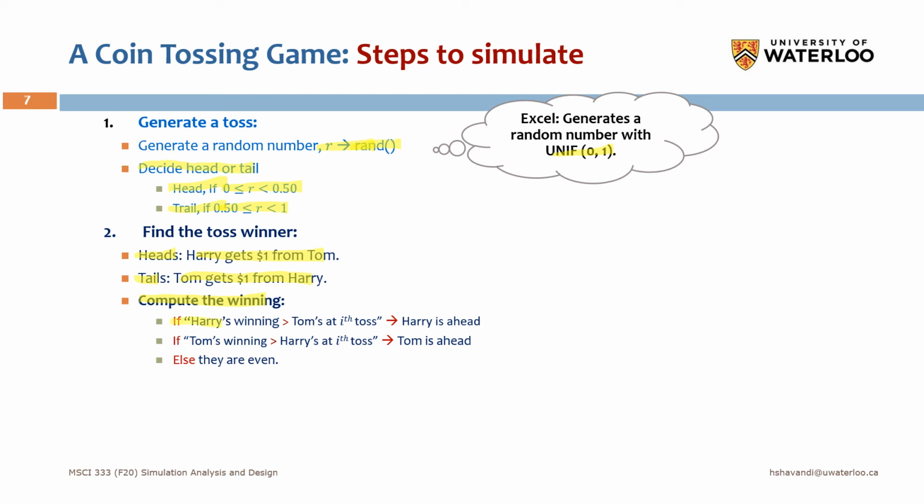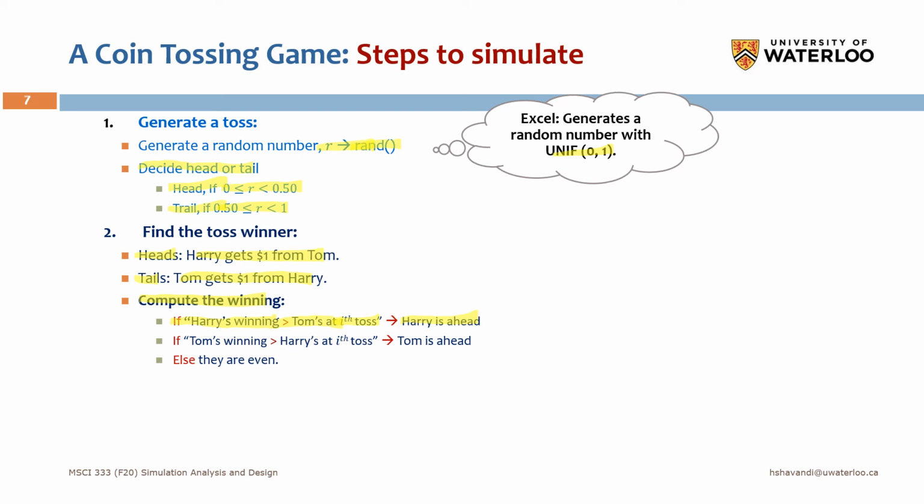If Harry's winning is greater than Tom's winning at the ith toss, then at the ith toss, Harry is ahead. I mean, if the total winnings so far of Harry are greater than Tom's, then we say that Harry is ahead.